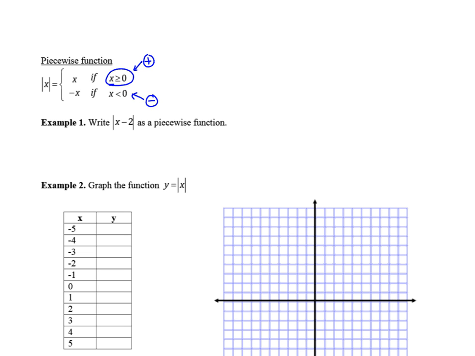Okay? So you have those two situations depending on if x is positive. There's a positive case and a negative case. Notice something here. Notice that the equal to symbol is only with one of them.